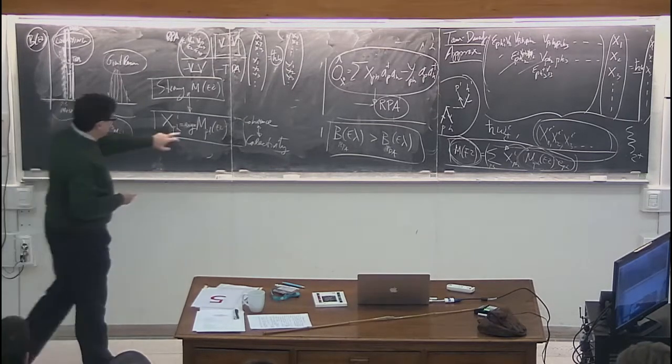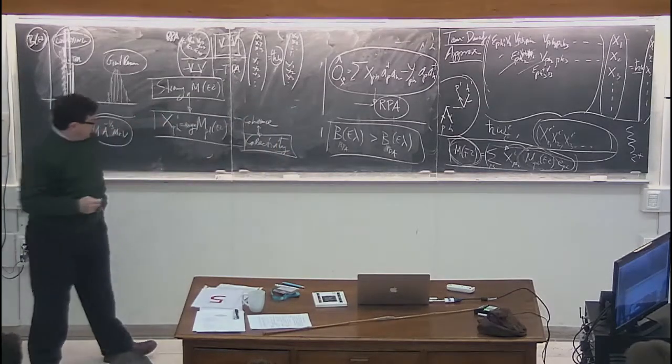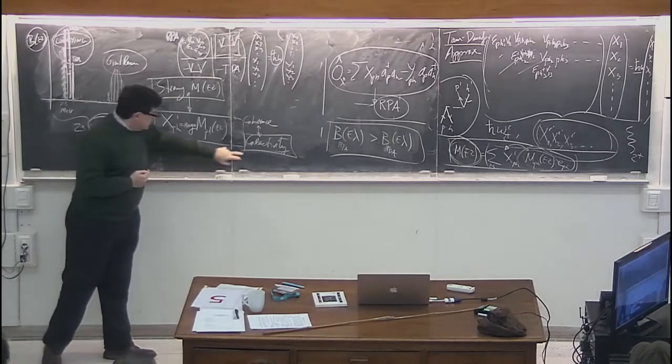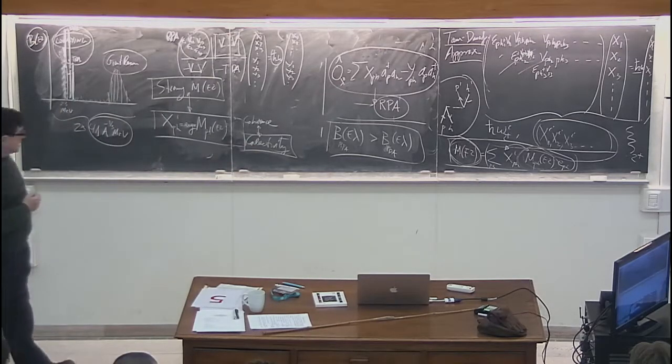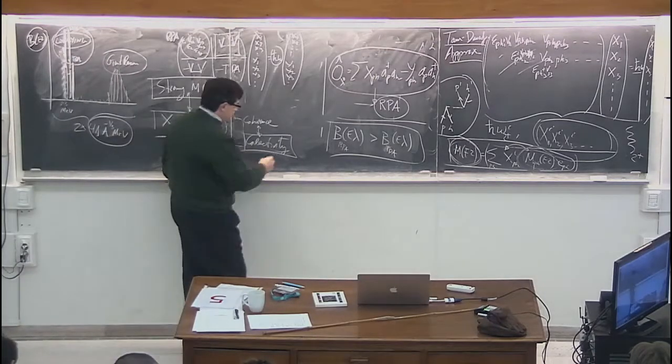Okay, this collectivity is stronger when you perform RPA, or is caught in a more efficient way by RPA. But in both of them, you can find this kind of collectivity or coherence in the wave functions.